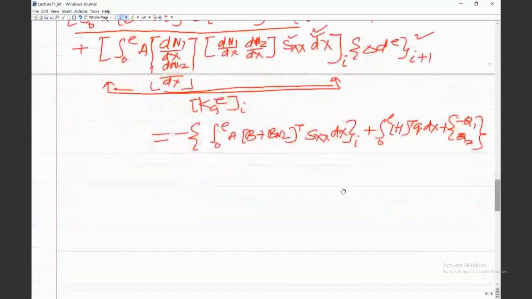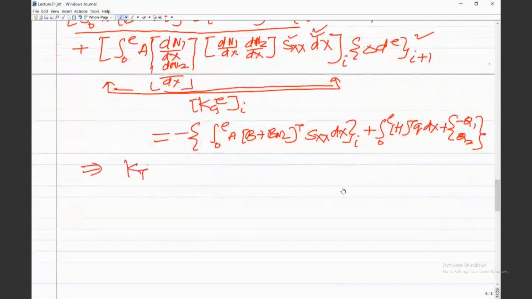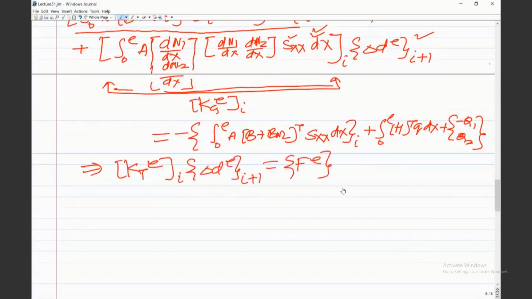This is a matrix, and if you want to write it in a compact form, the way we wrote for the general case, you can write it as KTE at the ith iteration into delta D at the current iteration, that is i plus 1, is equal to FE. Now you can see that KTE i is nothing but the integral from 0 to L. We can write E anywhere because it is a scalar.